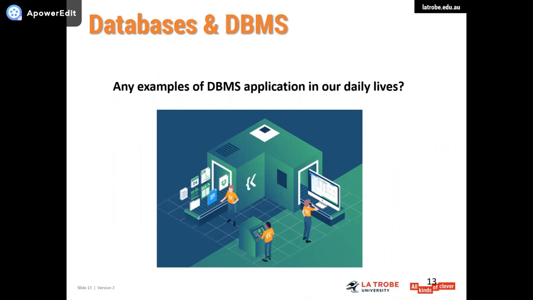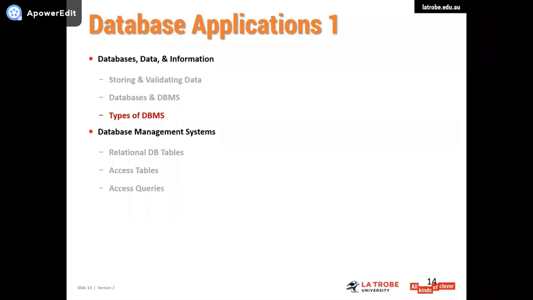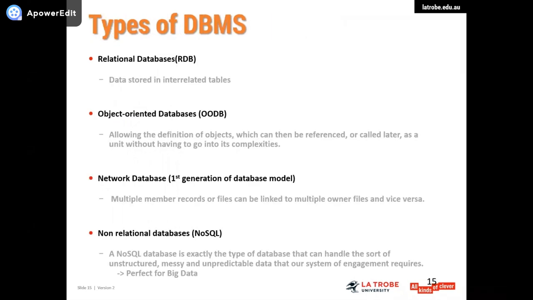Now let's look at different types of DBMS. Depending on the different angles and aspects, we can define the types of DBMS in different ways. Here is just one of the most popular ways to define DBMS types, and I give 4 different types.